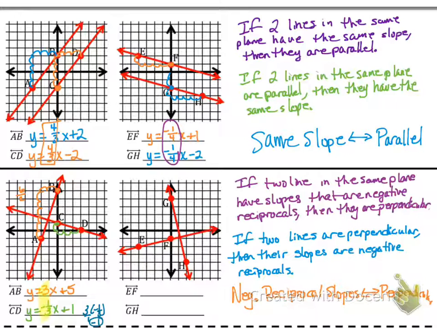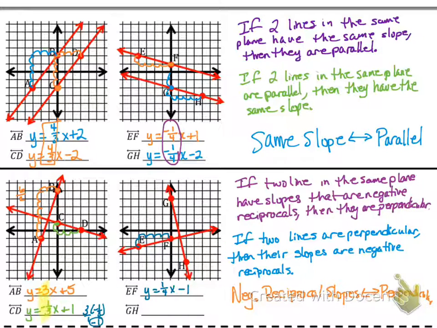And that's what I should get. And so if I do EF and GH, line EF has a rise of 1 over 4 to the right 4, so 1/4 x, and my y-intercept is at negative 1.